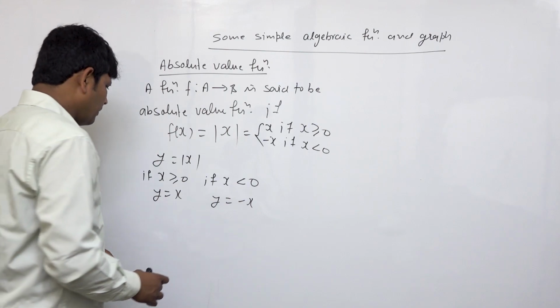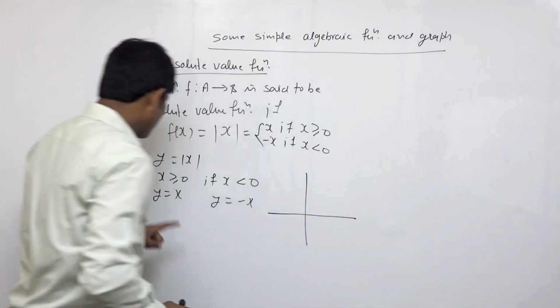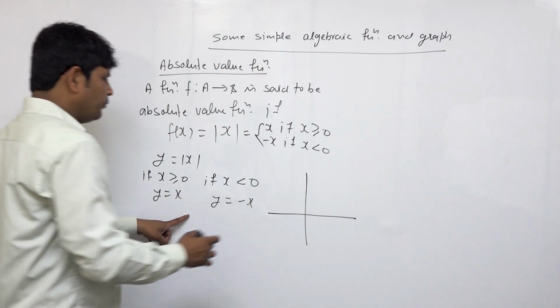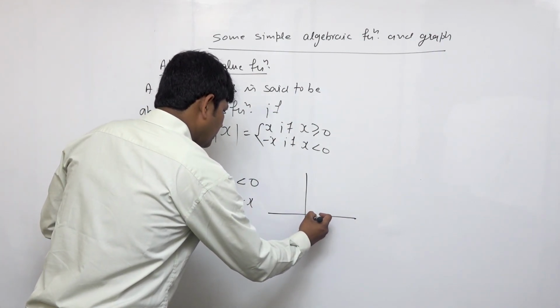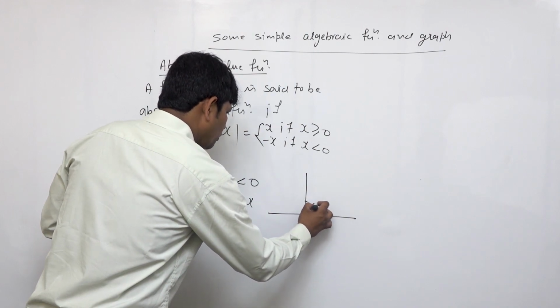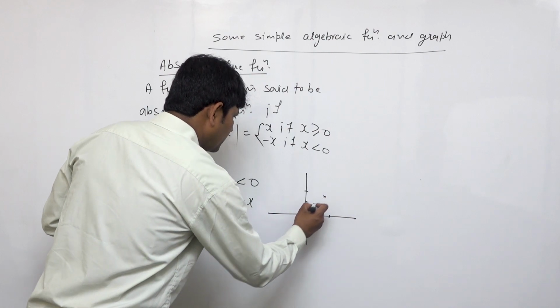Now let's see how to plot the graph. The graph of y is equal to x is what? If you take x is equal to 1, y is 1, one point is here. X is equal to 2, y is 2, another point is here. So the graph is like that.